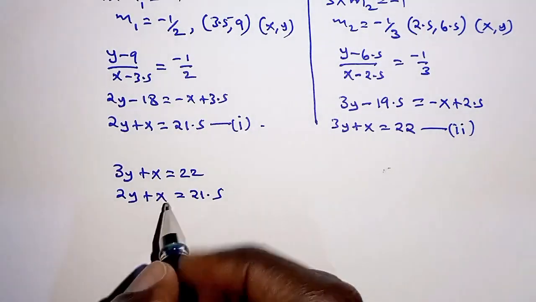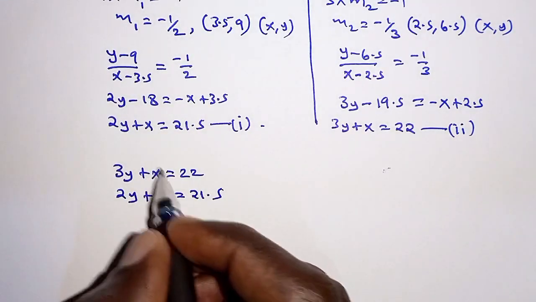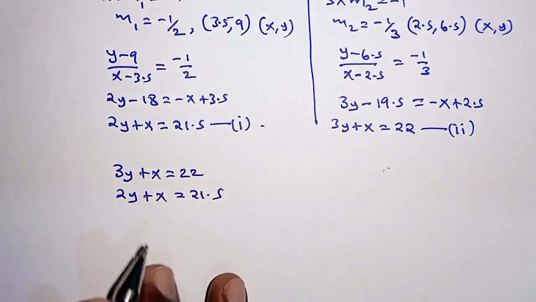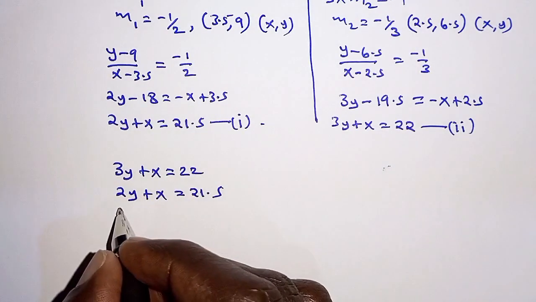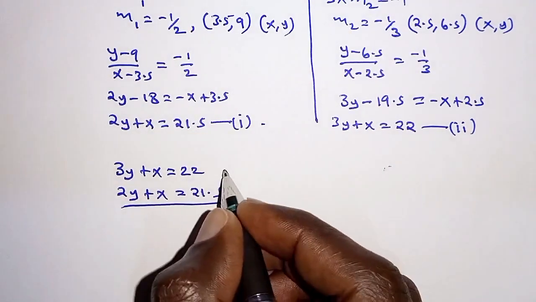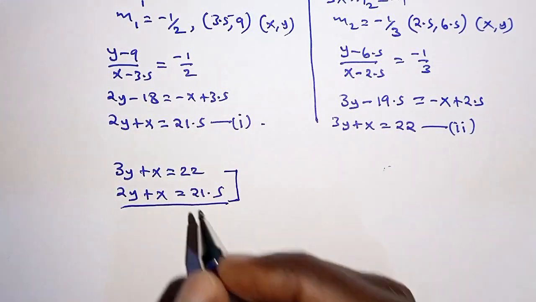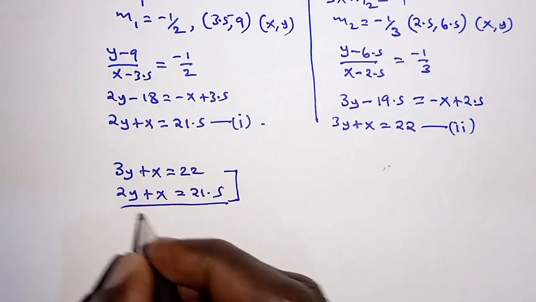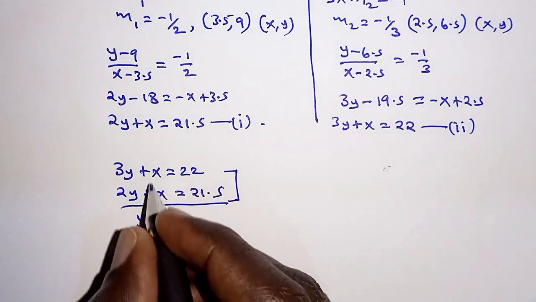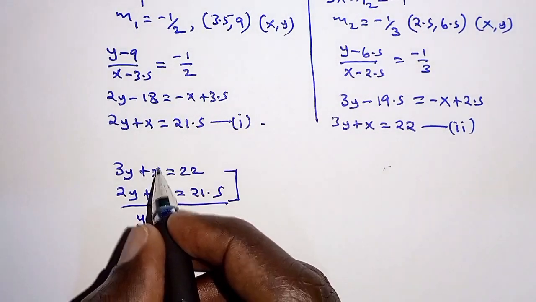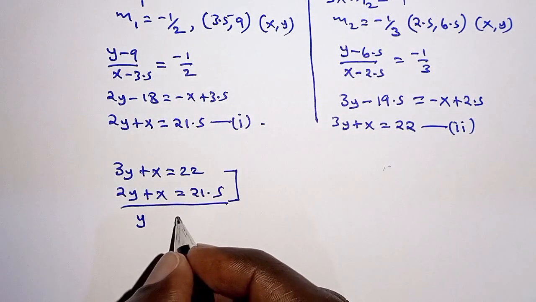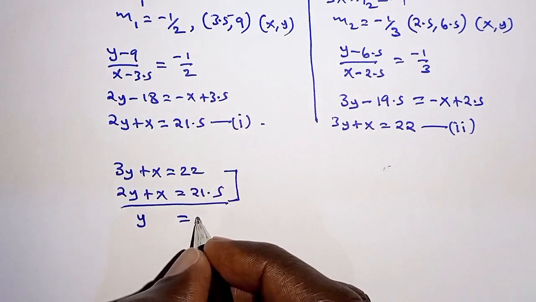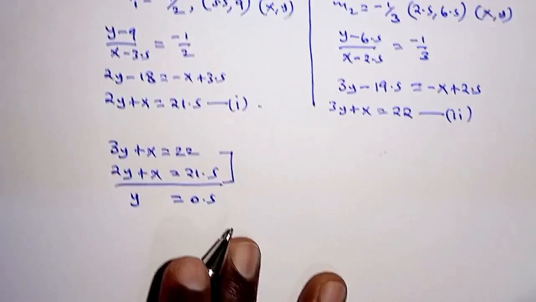Already we have this term here, x and x similar, so we can eliminate x for this case by subtracting the two equations. So if we have this equation minus this, we'll have 3y minus 2y, that is y, plus 0. So x minus x is 0. And then the right hand side we have 22 minus 21.5 is 0.5.